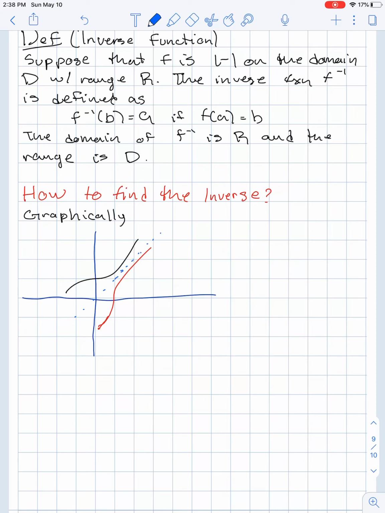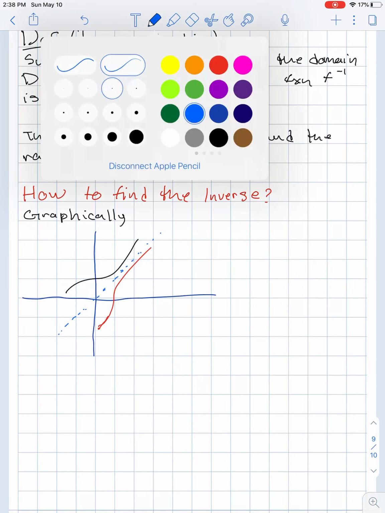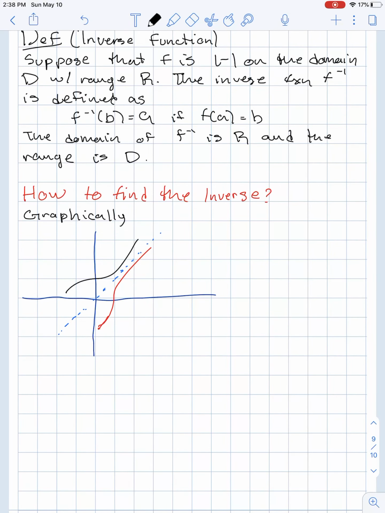You can see that it's mirrored. If I was a better drawer, it'd be a little more clear about this line.